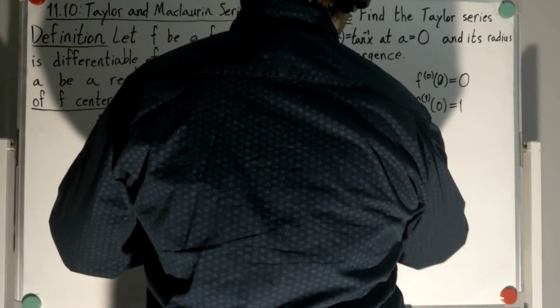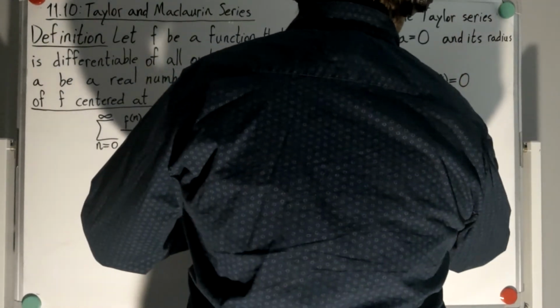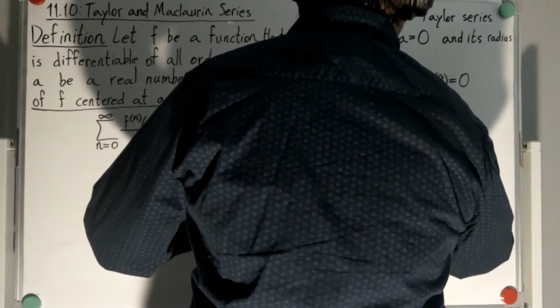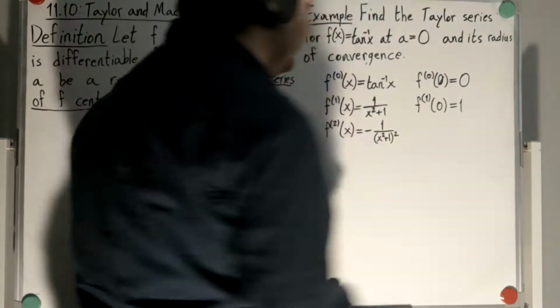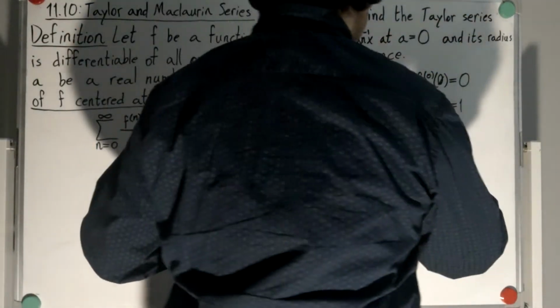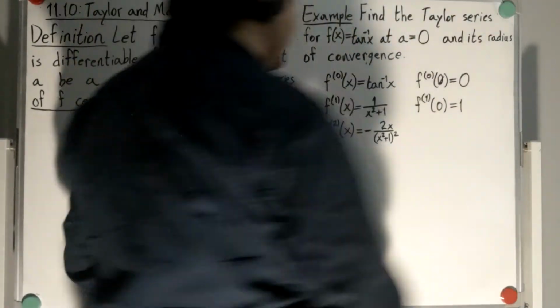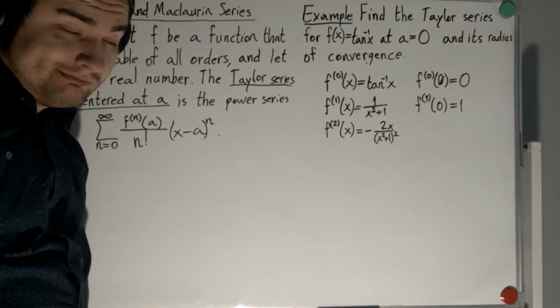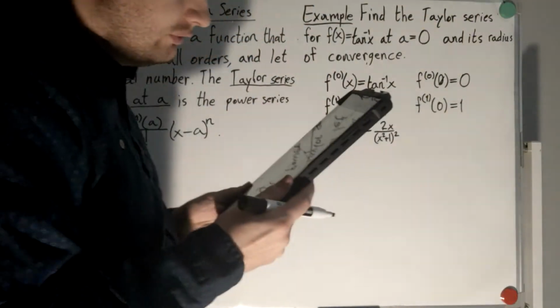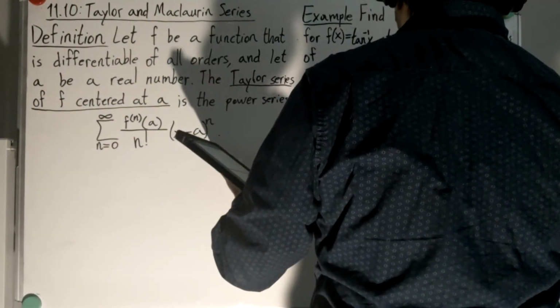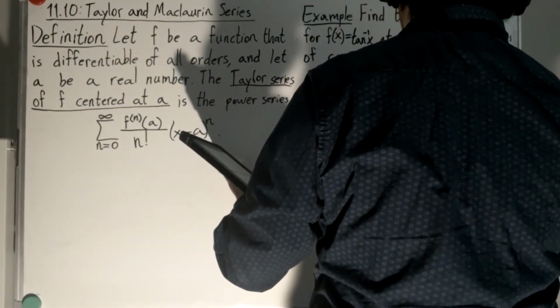So the second derivative is just going to be negative 1 over (x squared plus 1) squared, and then multiply by 2x by the chain rule. So what we get here is negative 2x divided by (x squared plus 1) squared. Right? Yes, okay. You evaluate this at 0. What you'll get is 0.